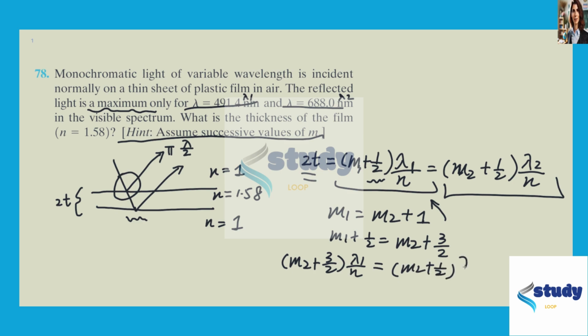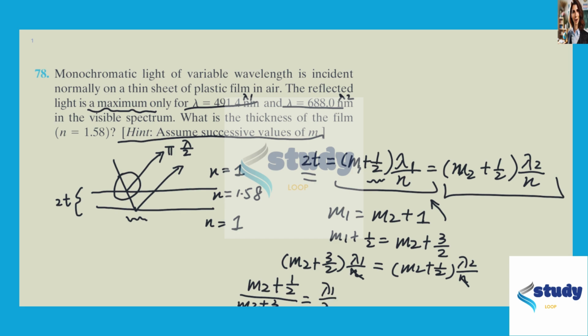So n cancels, and we can rearrange it. So by rearranging these two equations, what we get is m2 plus 1/2 over m2 plus 3/2 equals lambda 1 over lambda 2.